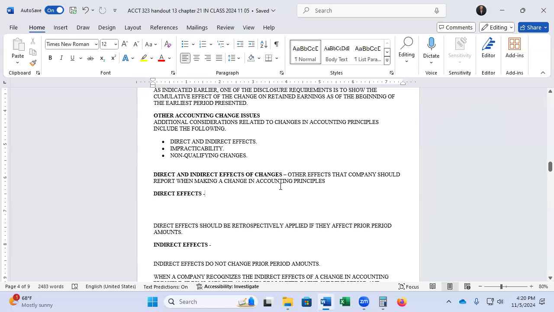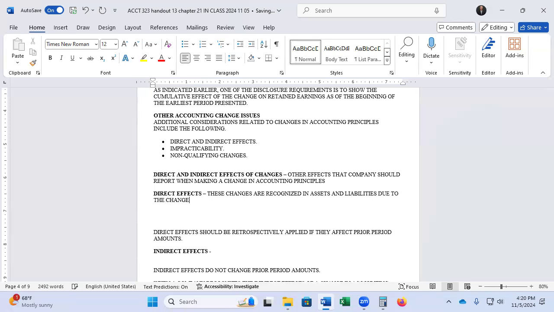Basically, these changes are recognized in assets and liabilities due to the change in accounting principle.